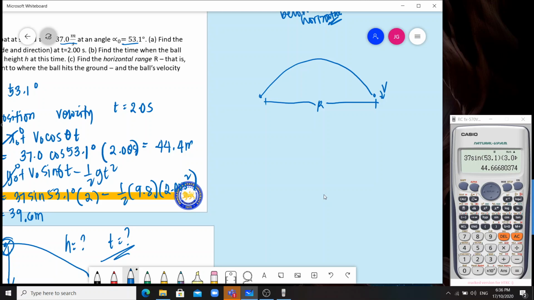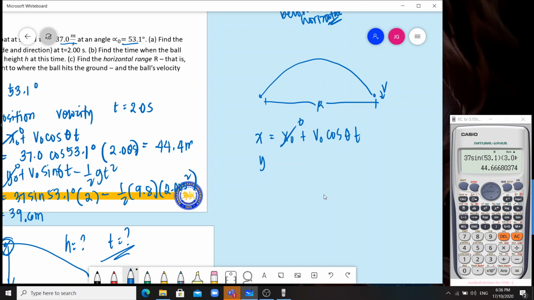So, first, kailangan nating malaman kung anong oras, diba? Kasi, magagamit natin yan, yung x is equals to x0 plus v0 cosine theta t. Kaso, hindi natin alam yung time. Ang pwede lang natin gamitin is, kung mapapansin nyo guys, pag bumagsak yung bola, ibig sabihin na ang height niya is 0 ulit, diba?